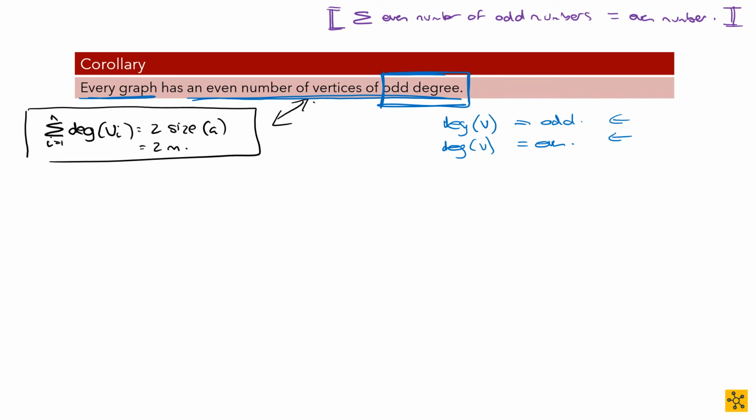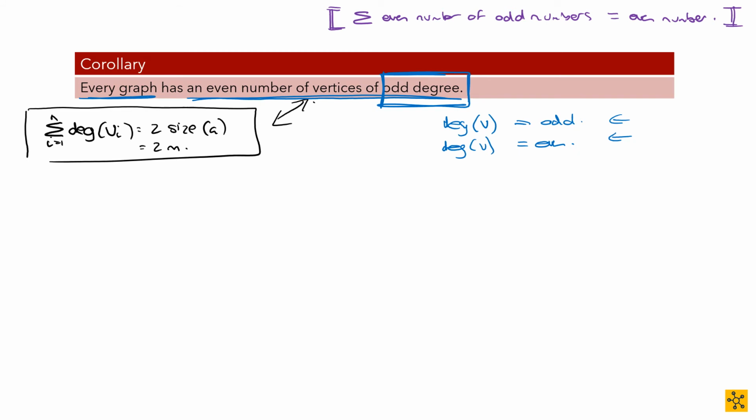But then you had that moment of, okay, even if I know that an even number of odd numbers gives me an even number, how is that going to help me show that there is an even number of vertices of odd degree?